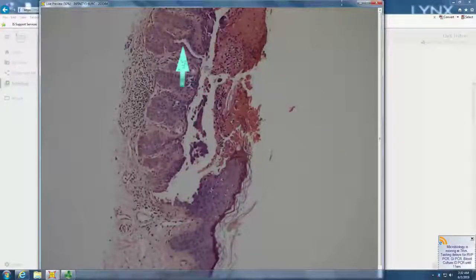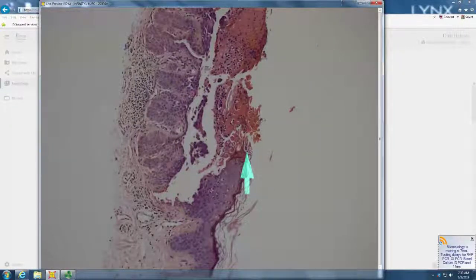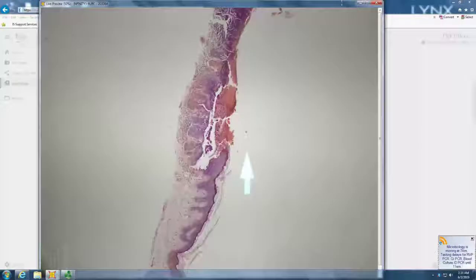So it looks similar to Grover's disease in that you have clefting, villi formation, acantholytic dyskeratosis with corps ronds present and crusting. So if there are multiple small lesions, Grover's disease.